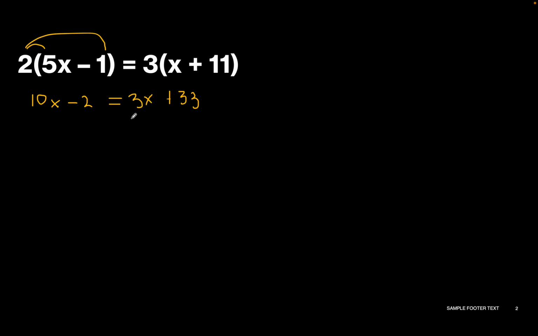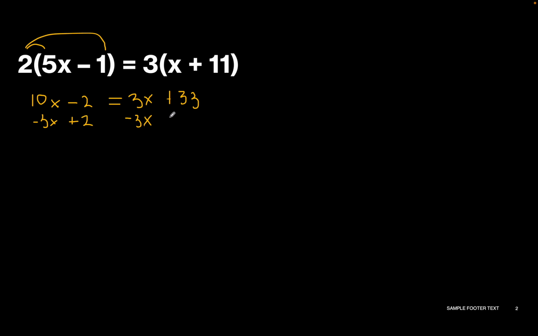Same thing as the other problem. I have to take the 3x and the x terms over to this side, and move the non-x terms over to the other side. So I'm going to subtract my 3x, and I have a minus 2, so I need to add 2 to get rid of it.